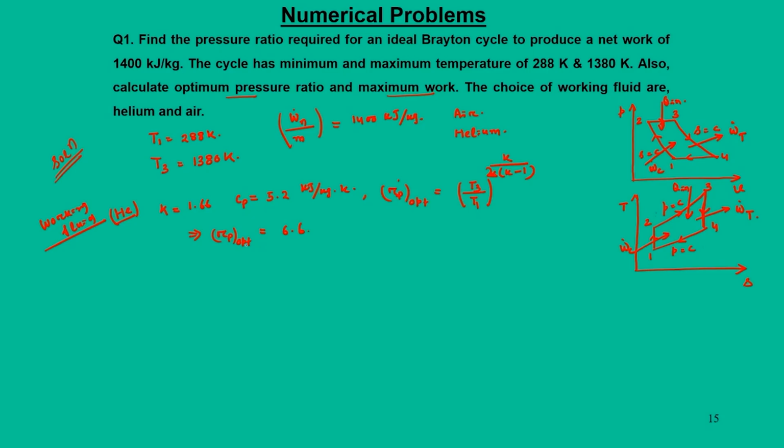And for this, we now have to write down W dot n by m dot, that is maximum power, that is Cp times T 1 into 1 minus Rp to the power k minus 1 by k, plus T 3 into 1 minus 1 by Rp to the power k minus 1 by k.